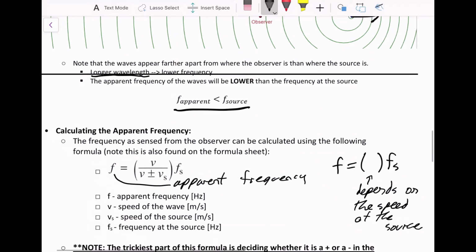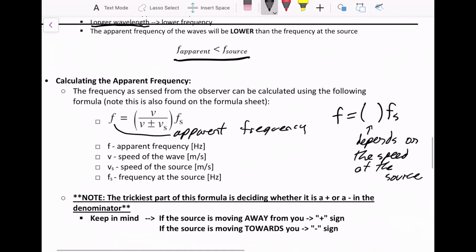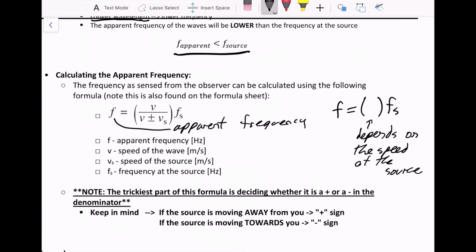One thing that I want you to keep in mind when using this formula is note that there's a plus and a minus in the formula. So really this is kind of two formulas in one. If the source is moving away from us, the frequency is going to have to get smaller, and in order for that to happen, the denominator gets bigger.